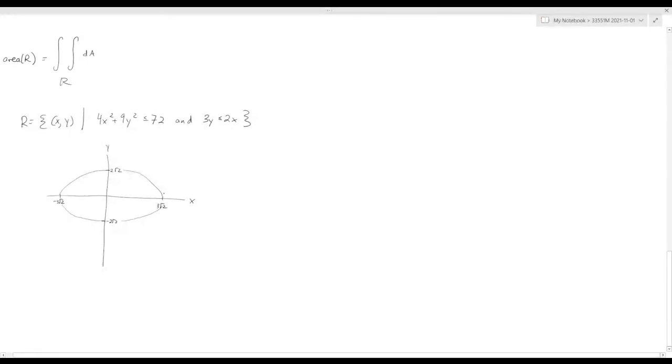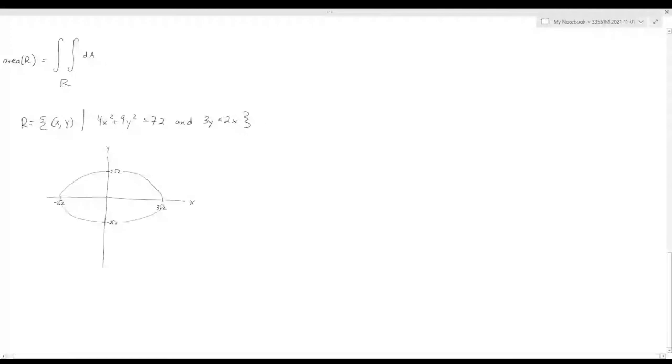And then we have the line 3y equals 2x. So that's a line of slope 2/3, right? So we can draw a slit with that.